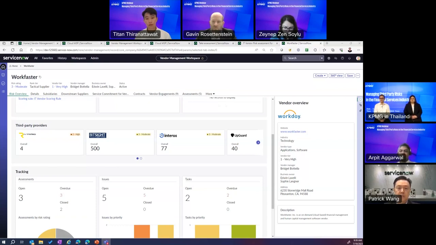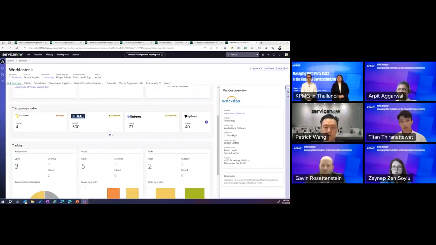That is where the ServiceNow platform allows you to have different types of connectors and integration methodology to draw all that information. Not just third-party information from the various content sources, but also any other information that can come in from the client's internal systems or some banking systems. We can also integrate that. Absolutely. Sure. Thank you, Patrick.